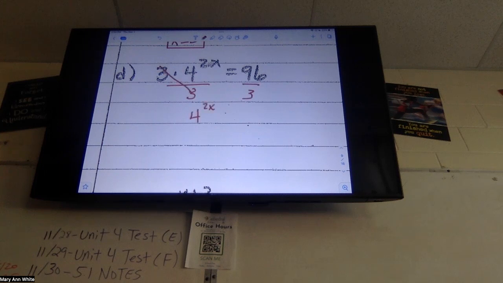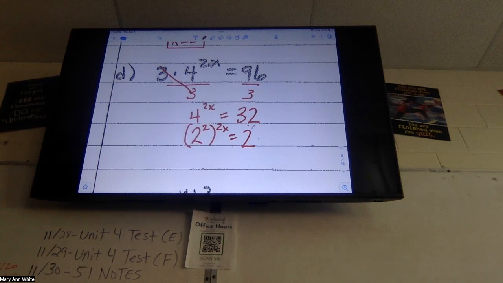Let's get rid of that 3, divide by 3 on both sides. 4 raised to the 2x equals 32. This is kind of like the one we just did. I cannot write 32 as 4 to some power, but I can write 4 as 2 to some power, and I can write 32 as 2 to some power. 4 is 2 squared, I know that. Does anyone know what 2 to what power is 32? The 5th?